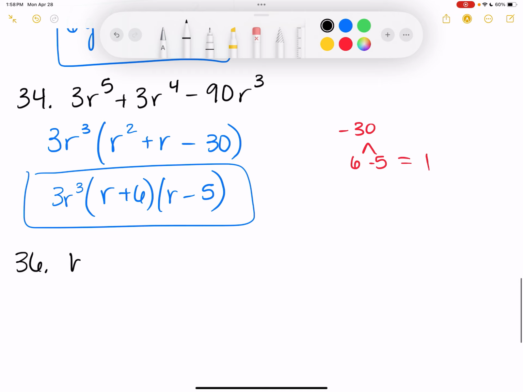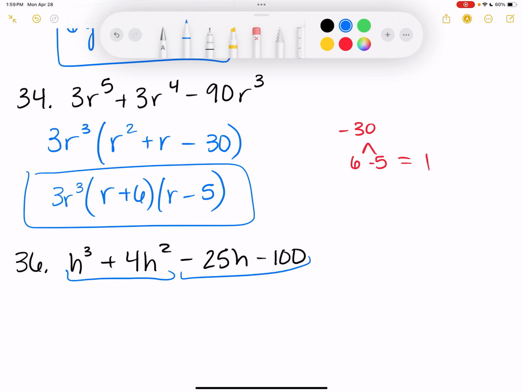36. H cubed plus 4h squared minus 25h minus 100. So now there are 4 terms. What did we do earlier when there were 4 terms? We factored by grouping, so pairs of 2. What can I take out of this first group?